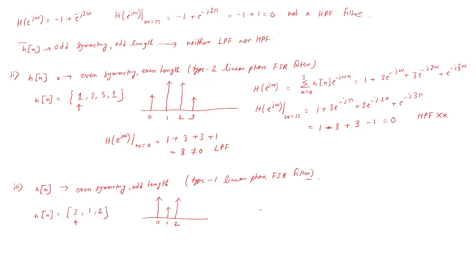So length 3, which is odd, and therefore we get the spectrum H(e^j omega) as the summation for n equal to 0 to 2 of h[n] e to the power minus j omega n, which corresponds to DC component 2, coefficient 1 corresponding to the frequency omega, and the coefficient 2 corresponding to the frequency 2 omega.